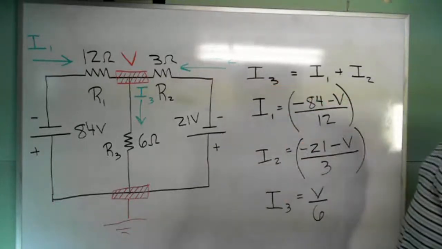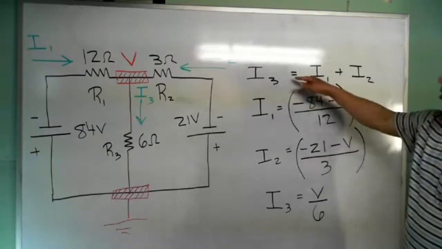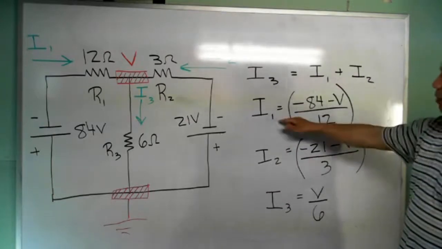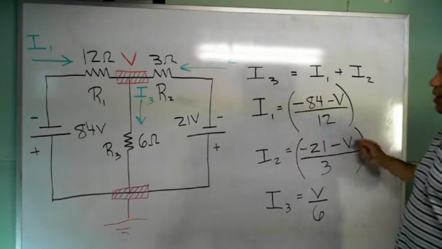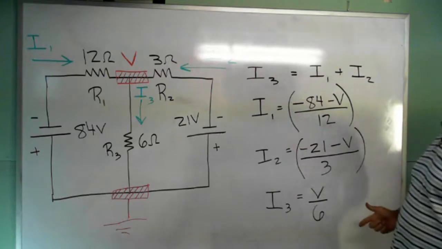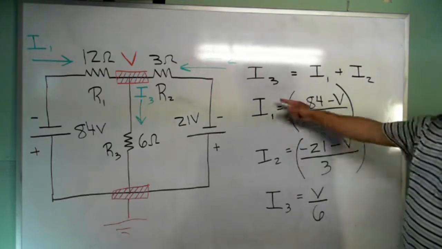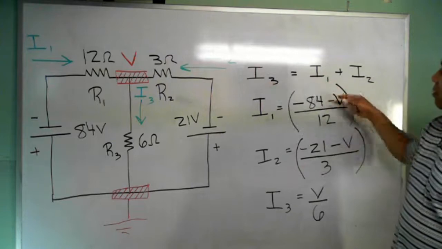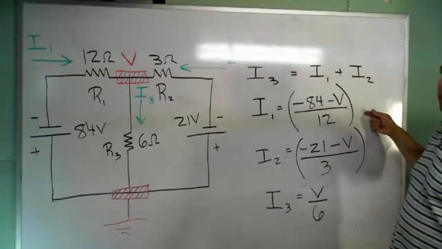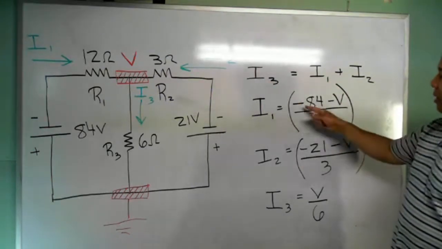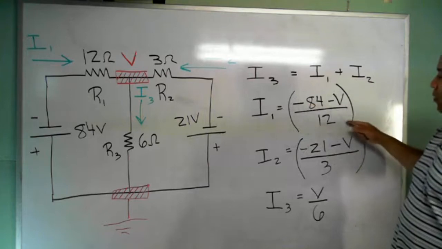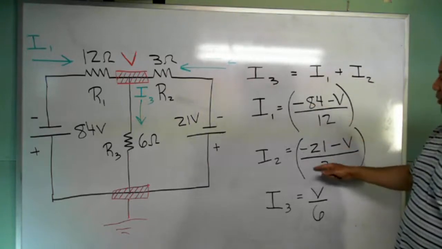So what would the next logical step be? If I have the current law and I have I1, I2, I3 in terms of V, the next logical step would be to do what? We're going to substitute for each current what we set each current equal to. So we're going to substitute for I1, minus 84 minus V on 12. We'll substitute for I2 and I3.